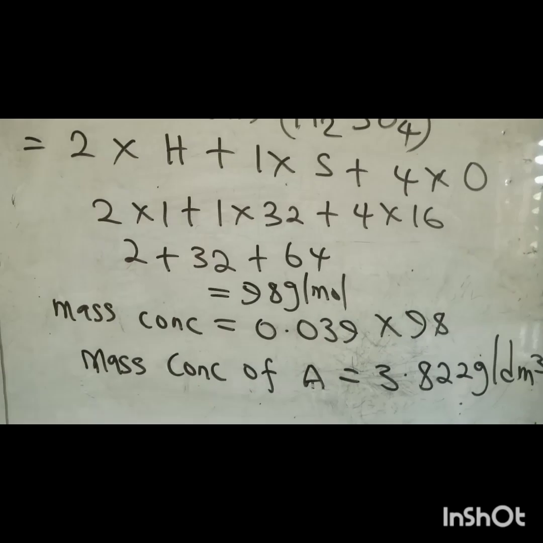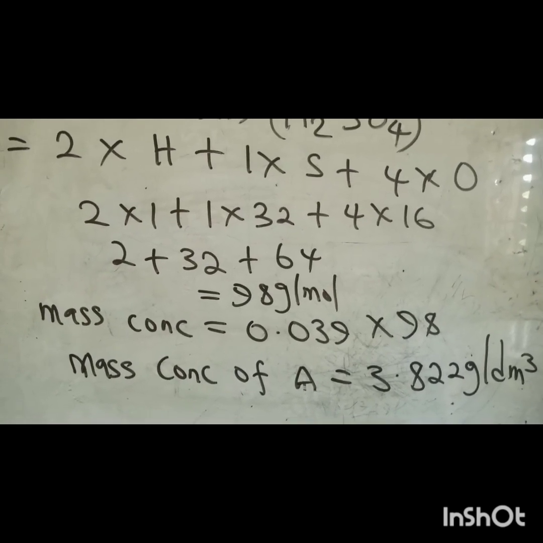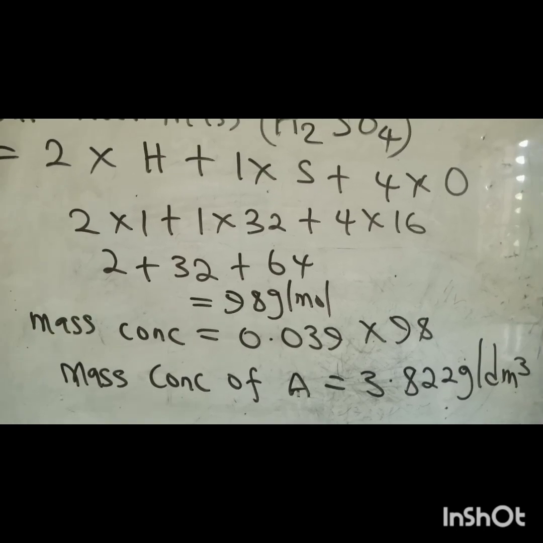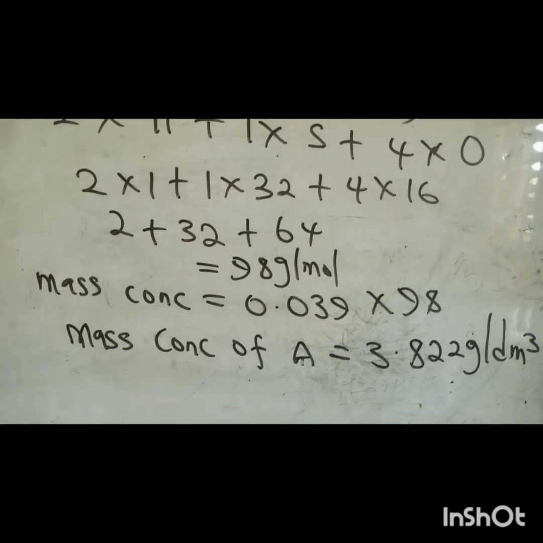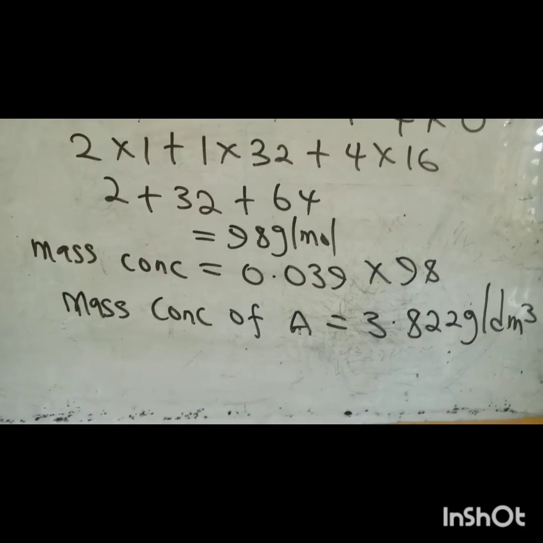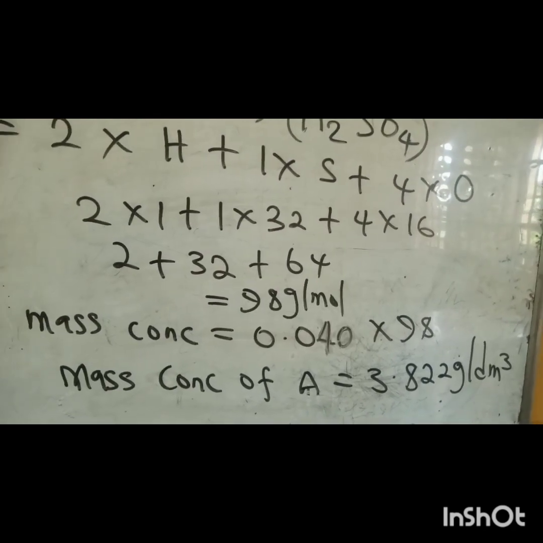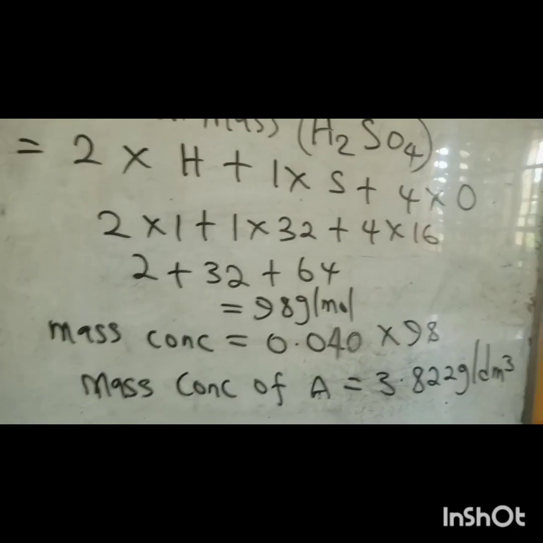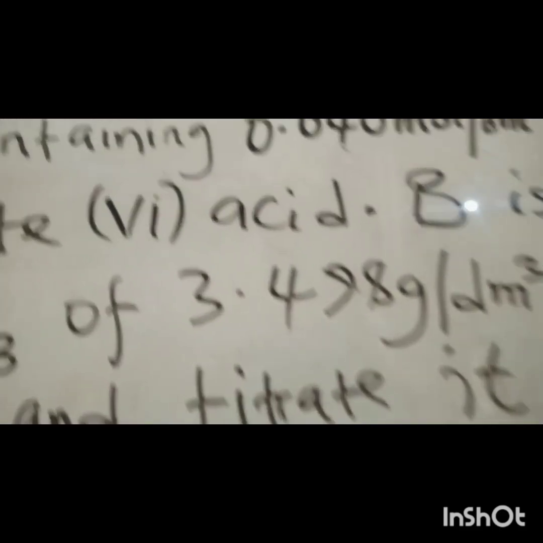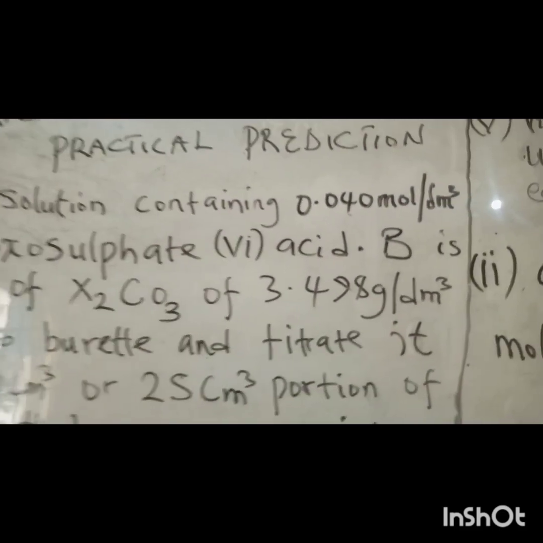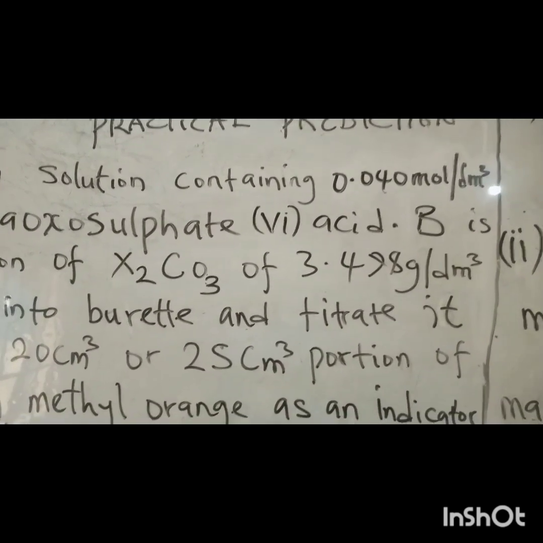Of course, we already calculated our molar concentration, the one we used as CAVA in the formula. The molar concentration we have in the equation is 0.040. Go back to your question and you have 0.040 as your molar concentration of acid.